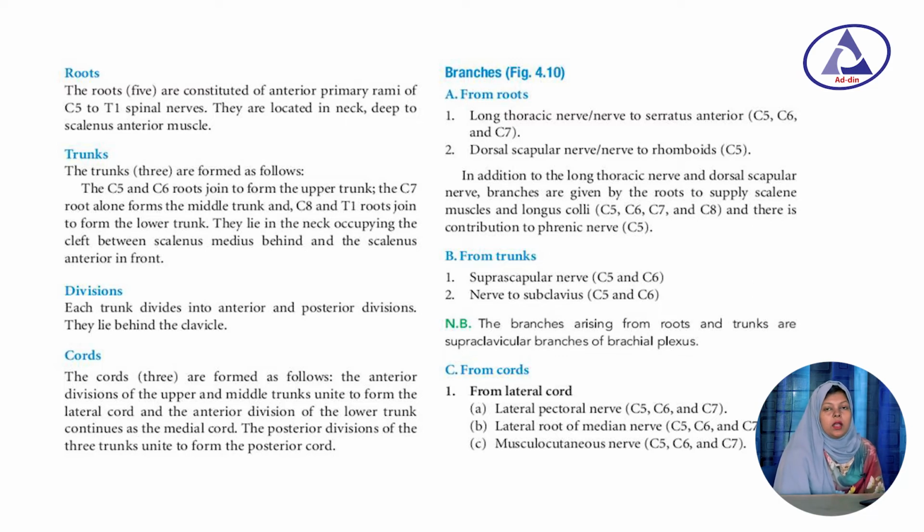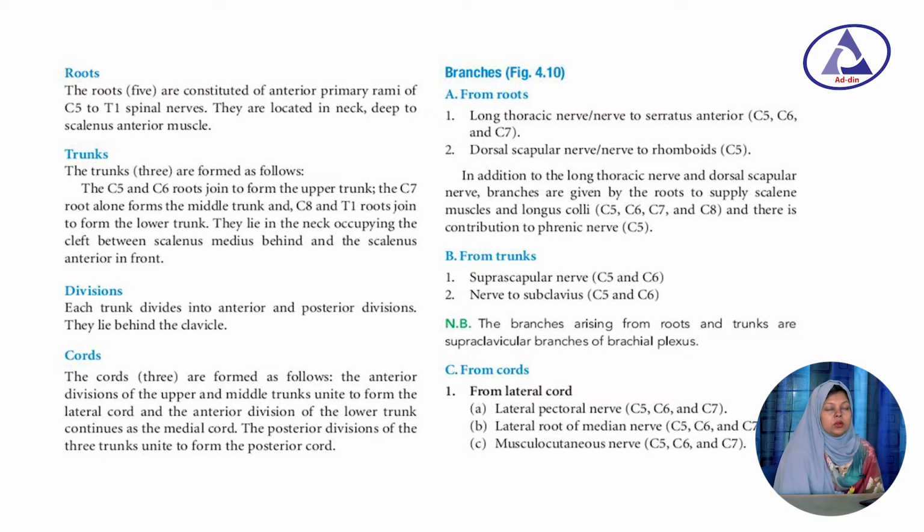Again I repeat, the lateral cord is formed by the anterior division of the upper trunk and middle trunk. The anterior division of the lower trunk constitutes the medial cord, and the posterior divisions of all 3 trunks unite to form the posterior cord.